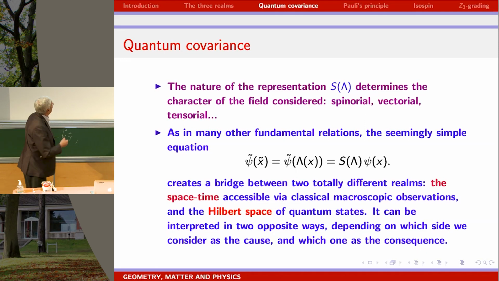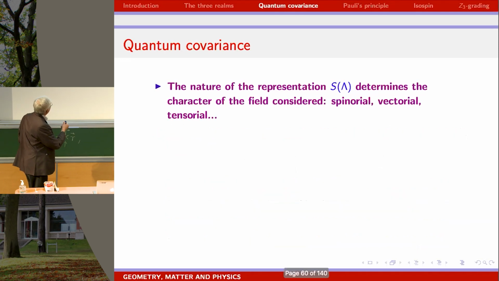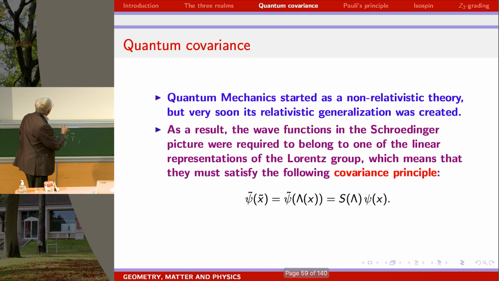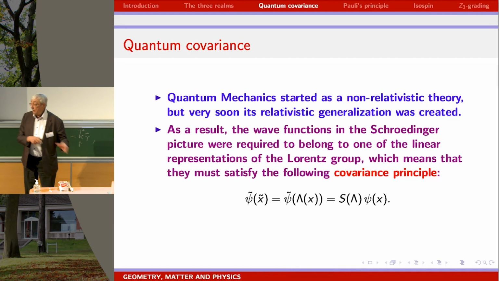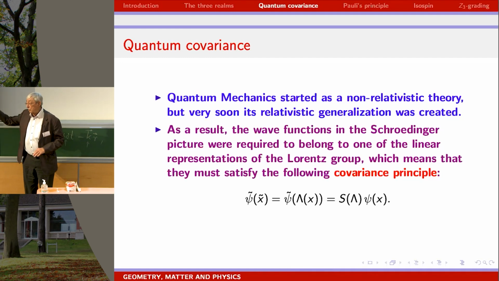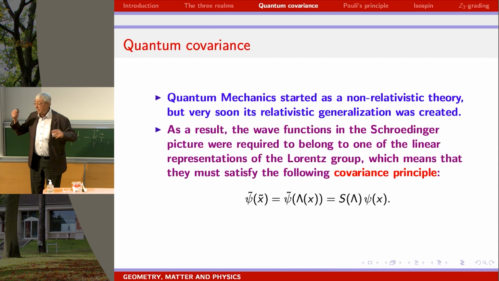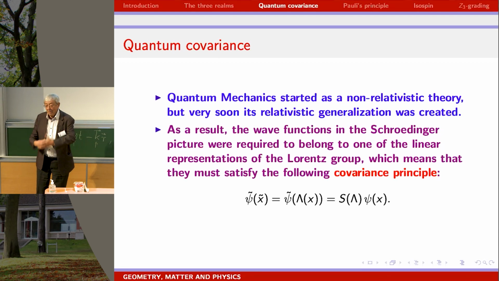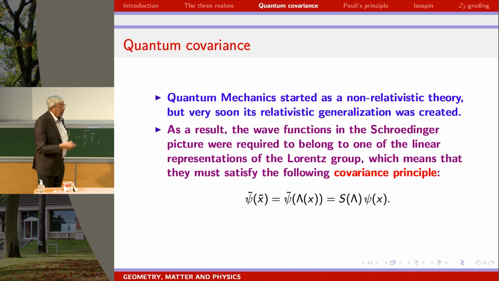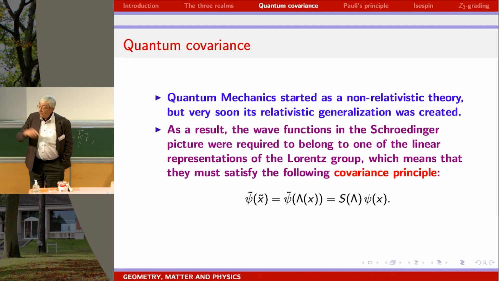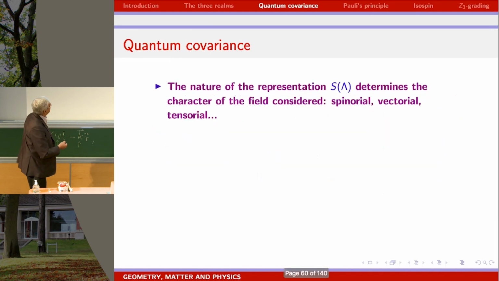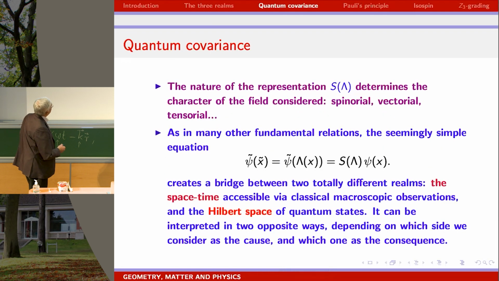Here you have space-time, and here you have Hilbert space. So something that happens in Hilbert space and something that happens macroscopically somehow come together and are compatible. But if we adopt this opposite point of view, one should write differently. Not like this, but exactly the other way around.